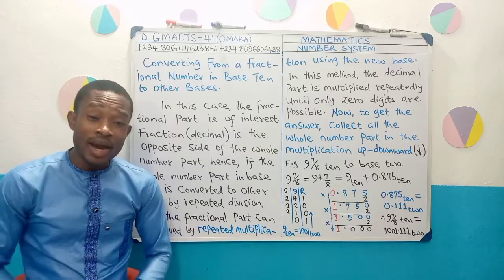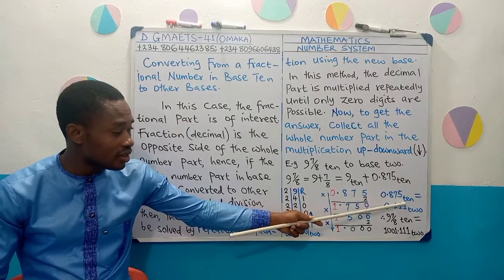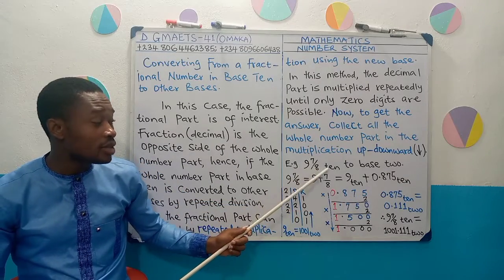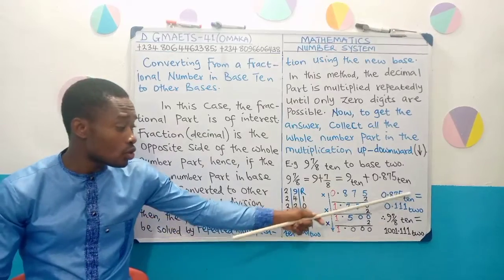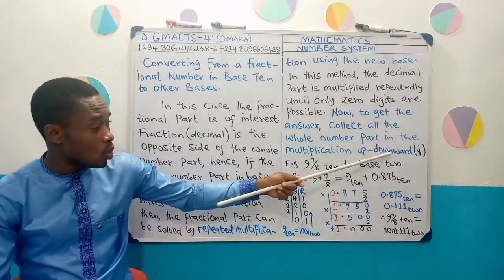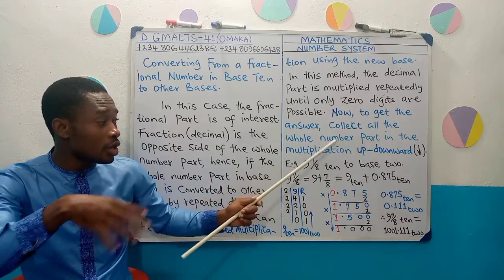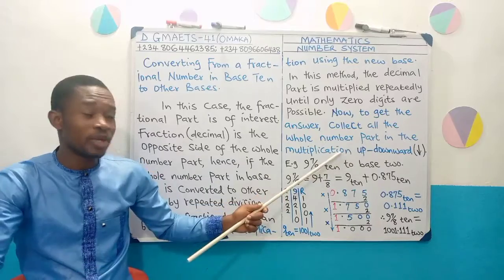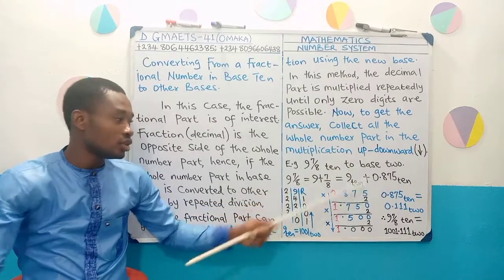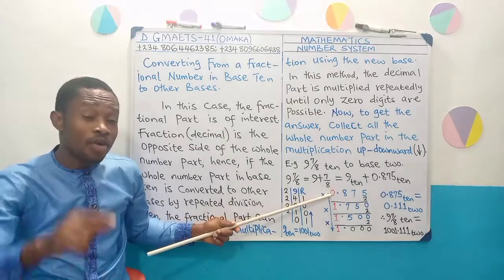Now, what will now be our answer? Therefore, 0.875 base 10, which is the same as 7 over 8 base 10, will now be equal to, you pick your answer up, downward, which is what I wrote here in the notes. To get your answer, you collect all the whole number parts in the multiplication downward. Look at it. So from here you start. The answer will be 0.